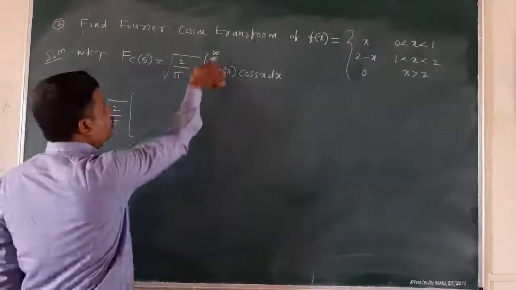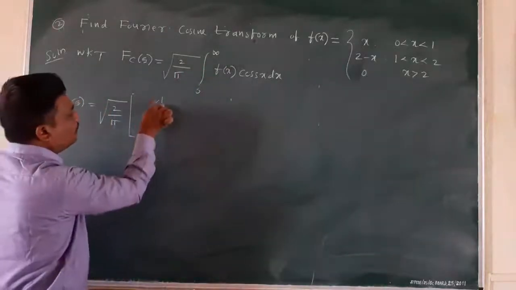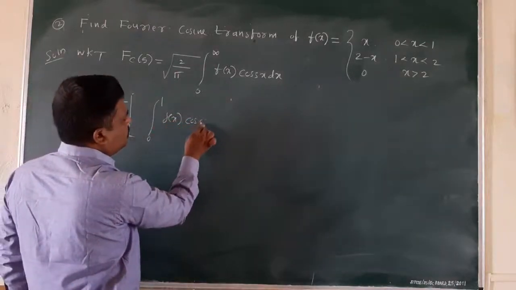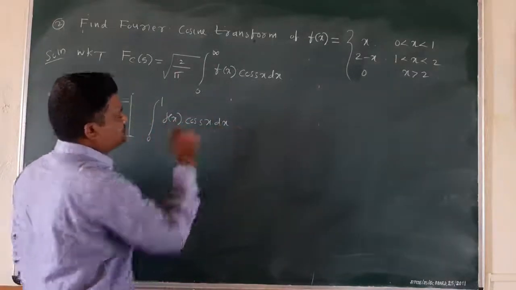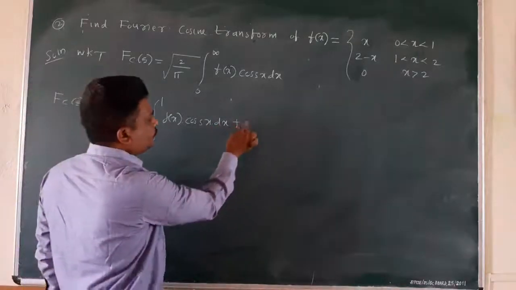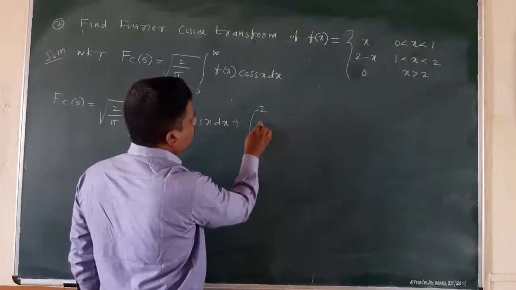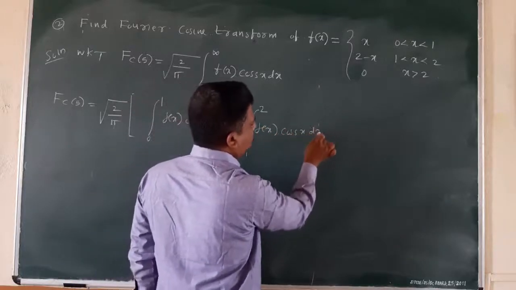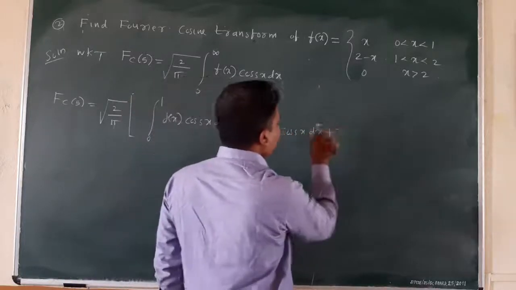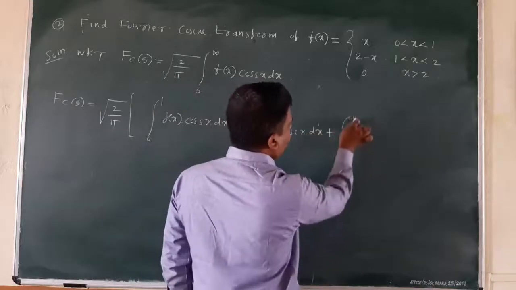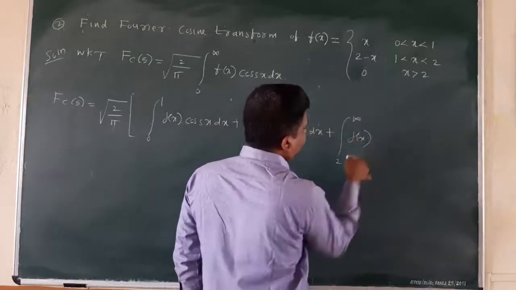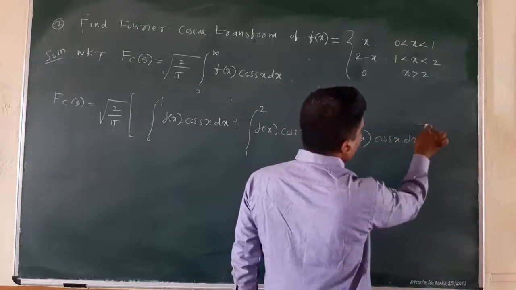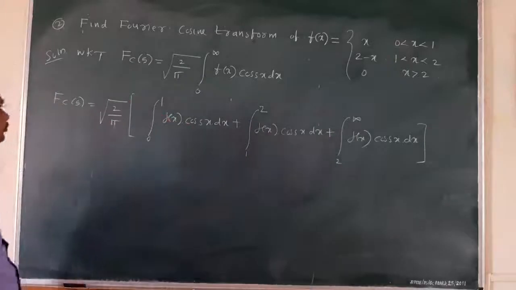So I will divide 0 to infinity as 0 to 1 f of x cos sx dx plus 1 to 2 f of x cos sx dx plus 2 to infinity f of x cos sx dx.